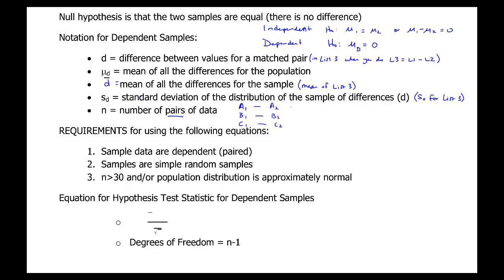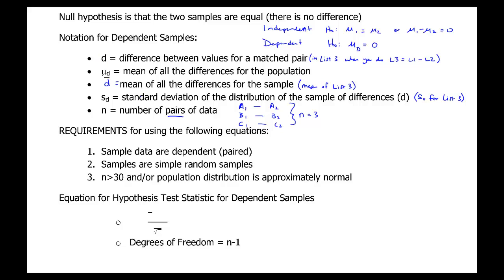So the number of pairs, even though you have 6 data points here, 2 A's, 2 B's, and 2 C's, is going to be 3. So we're only looking at how many pairs there are, not how many total numbers there are in your data set. So a little bit different notation for pairs.